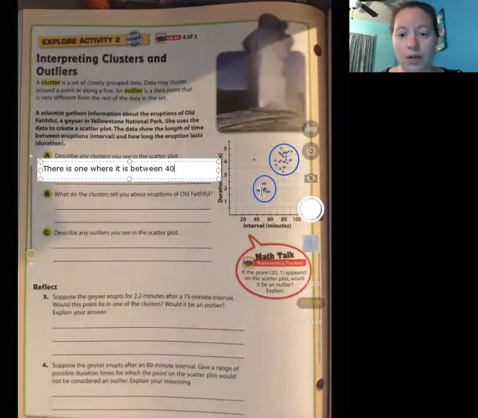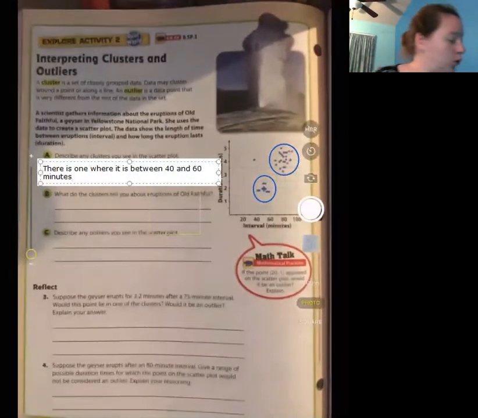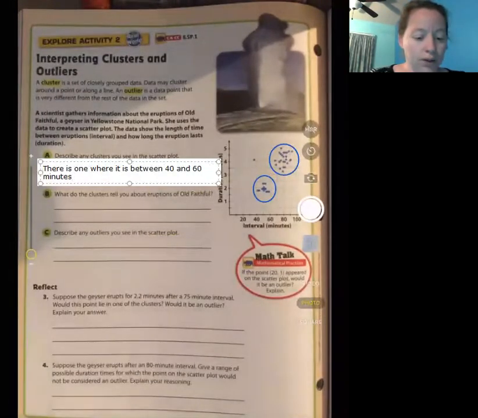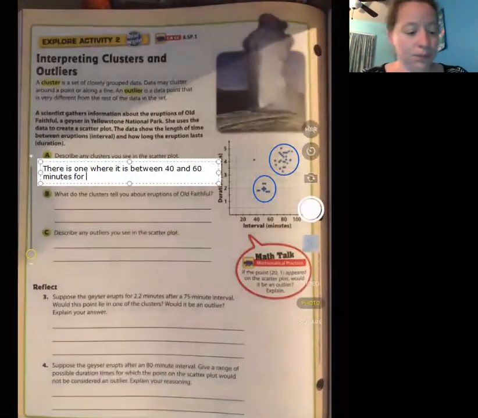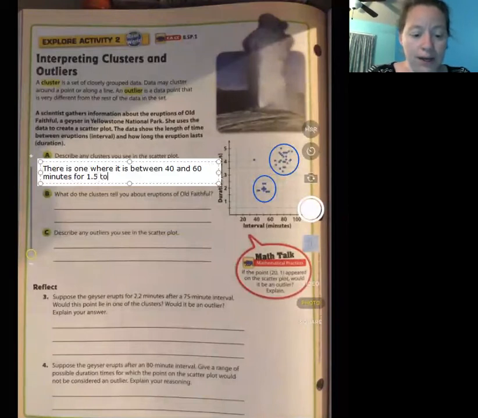I'm describing this smaller one down here. 40 and 60 minutes for about 2 minutes at a time. For 1.5, 2.5 minutes at a time.